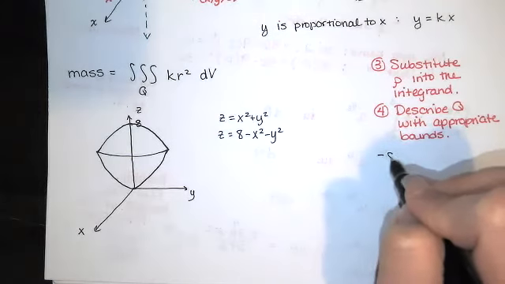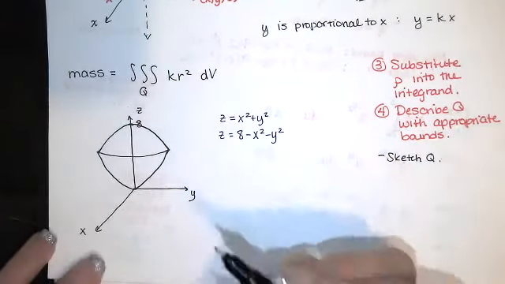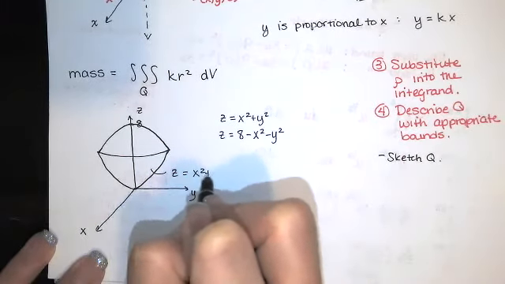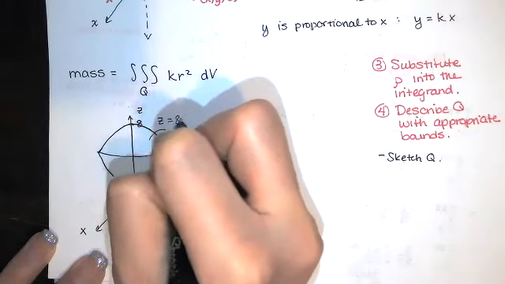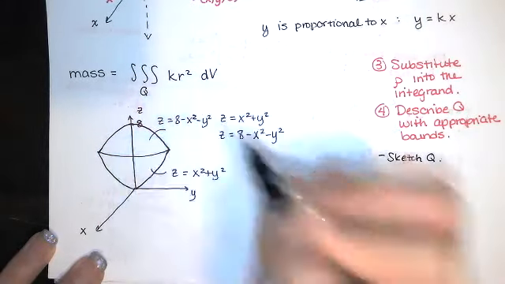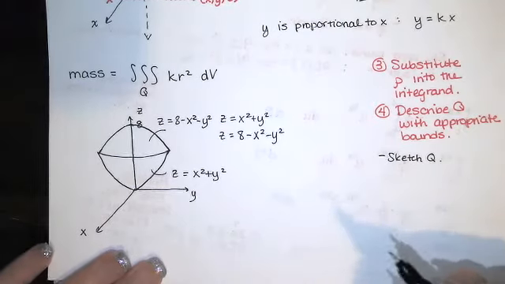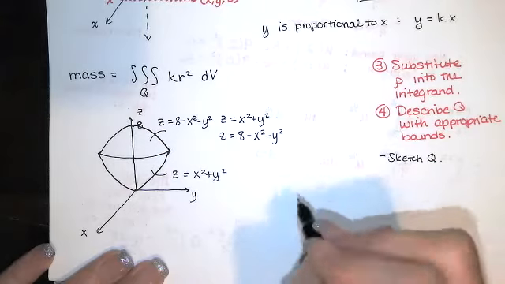The first thing we do is we sketch Q. So this is Q. I notice that my bottom function for z is x squared plus y squared, and my top function for z is 8 minus x squared minus y squared. So right away, I see my bounds for z are from this function to this function, from the bottom function to the top function.